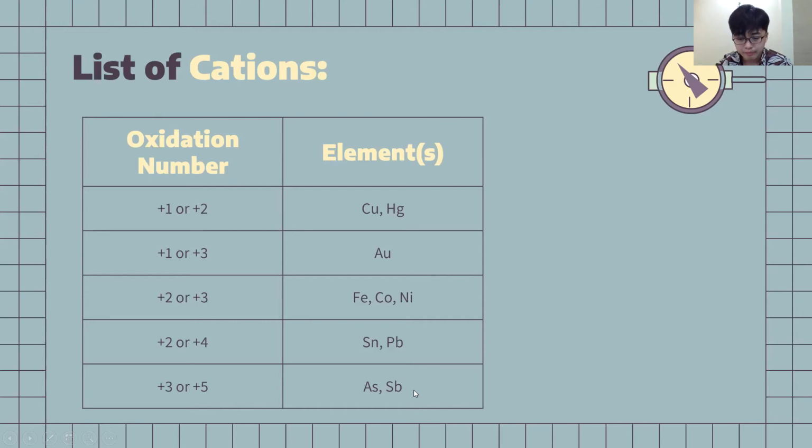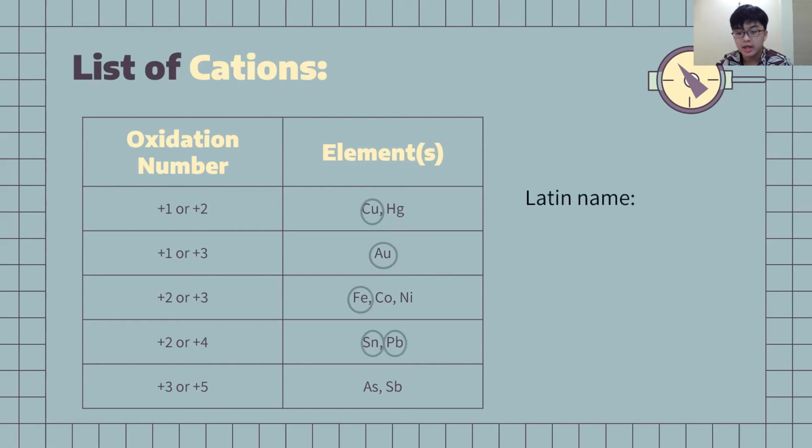So here, for some of the elements, if we use the classical system, which I will explain later on, we must use the Latin name. So right here, Cu, Au, Fe, Sn, and Pb.